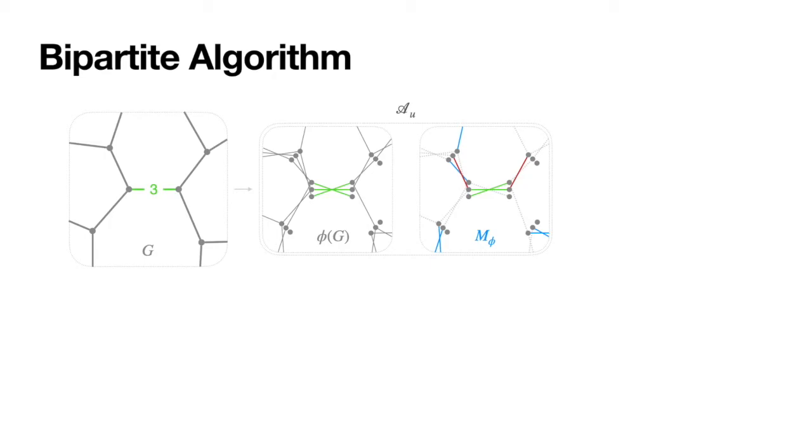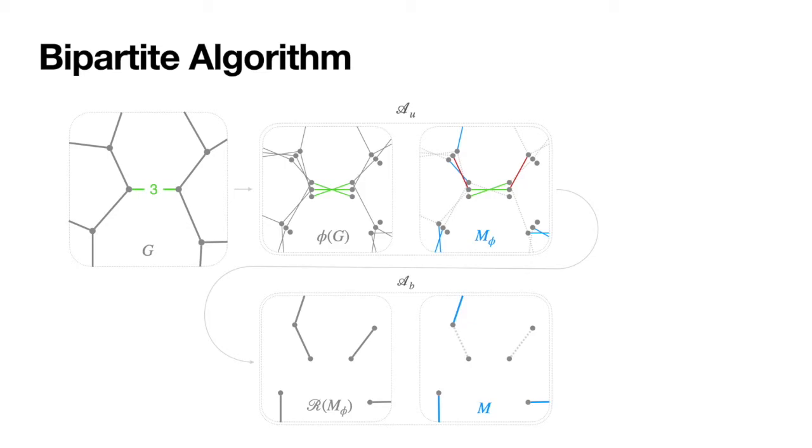Tracking updates to M sub phi, we can deduce updates to the refolded graph R of M sub phi. For example, the updates made here correspond to a deletion and an insertion in R of M sub phi.